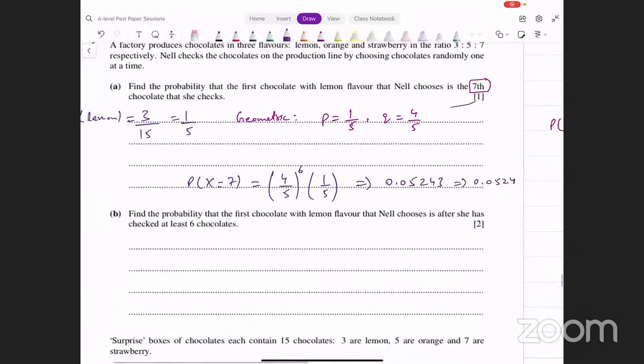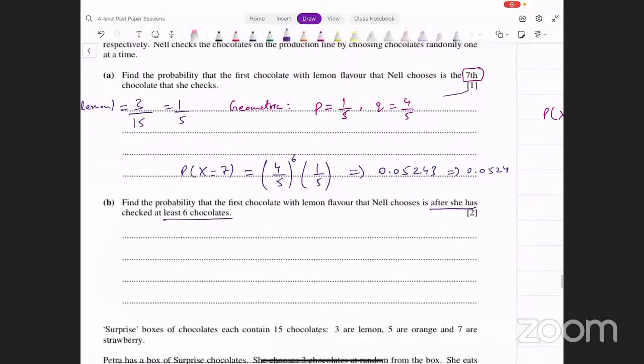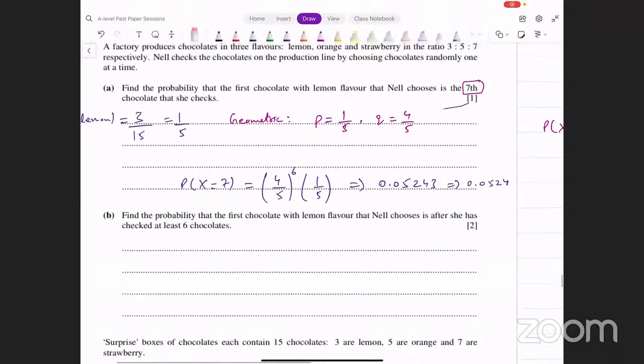Find the probability that the first chocolate with lemon flavor that Nell chooses is after she has checked at least 6 chocolates. After she has checked at least 6 chocolates, only after that does she get the first lemon flavored chocolate. Okay?